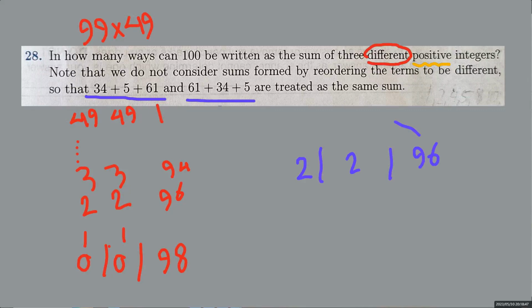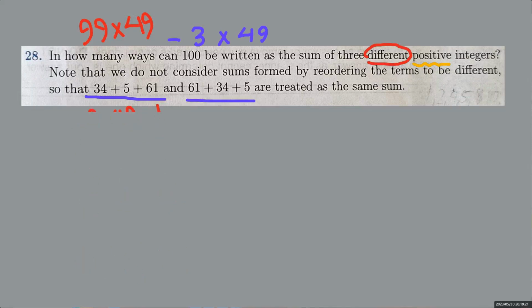And then this 96 could be here. The stars and bars formula will count everything many times. So for this one, we have 49, 49, and 1. The 1 could be in its place, it could be here, the second place, or it could be here. So that means from all of this, we need to remove this number minus 3 times 49.